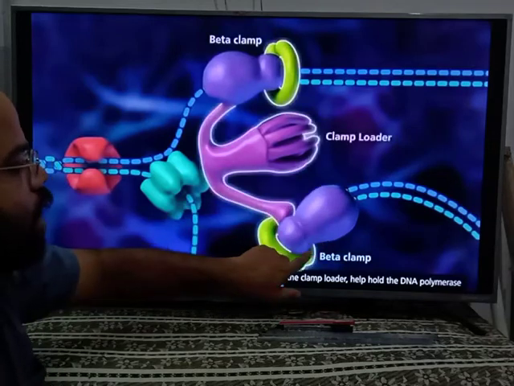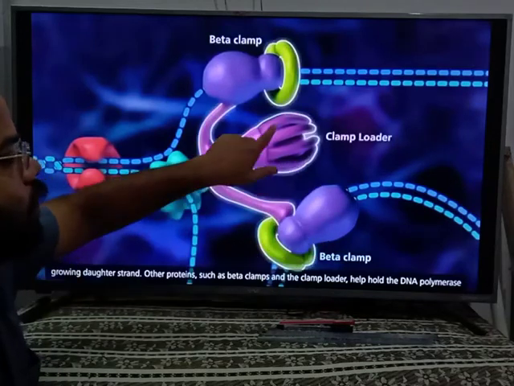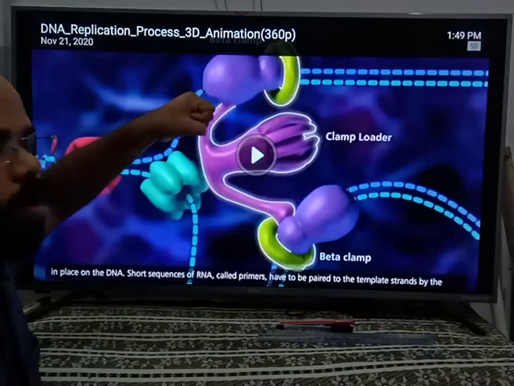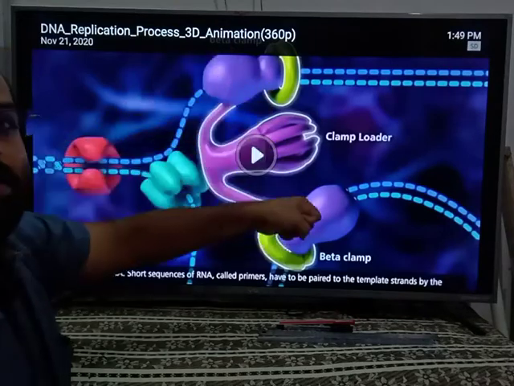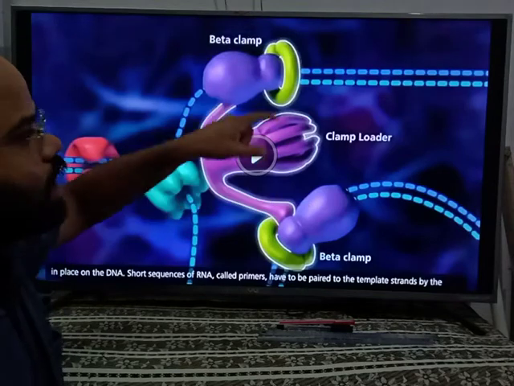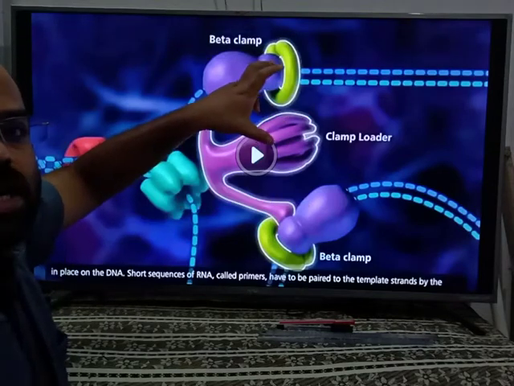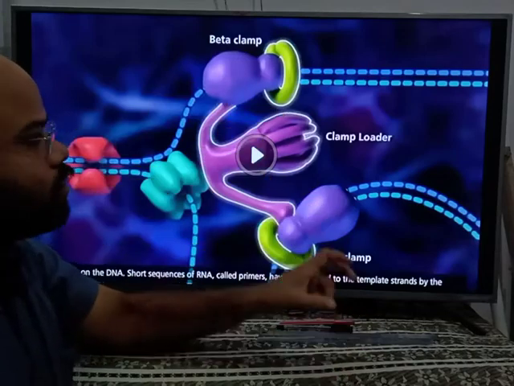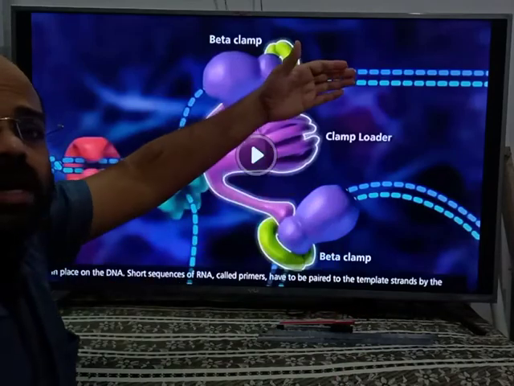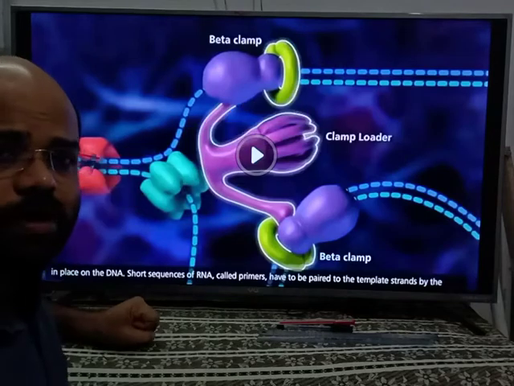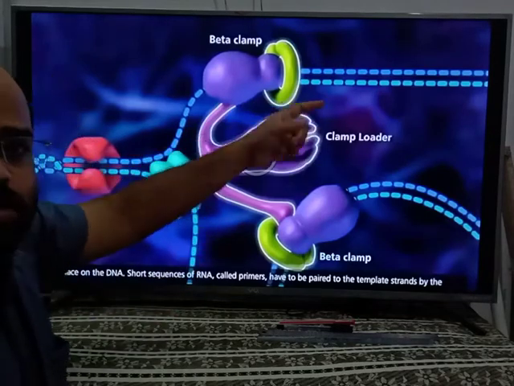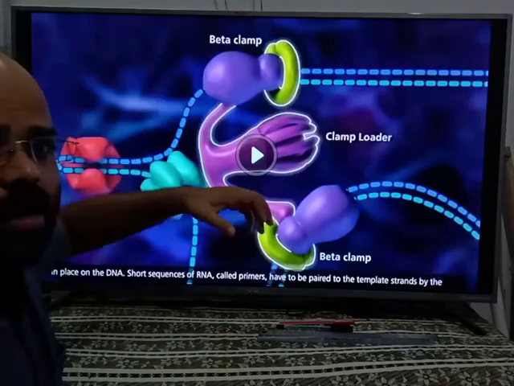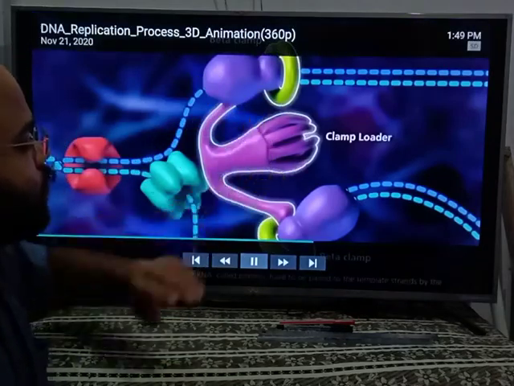It has a clamp, the beta clamp loader, meaning the clamp is holding both DNA polymerases on both strands, and holding the total DNA strand plus the DNA polymerase, because leading and lagging strand synthesis, continuous and discontinuous, happen parallelly. That is why the clamp loader is needed.